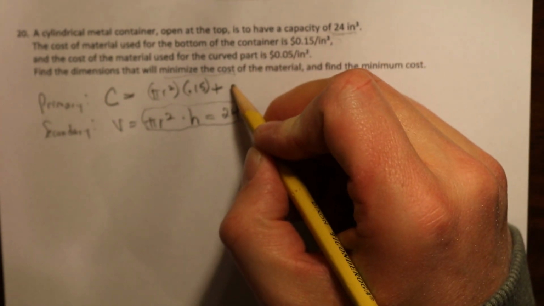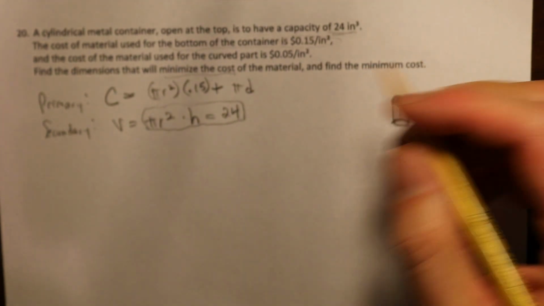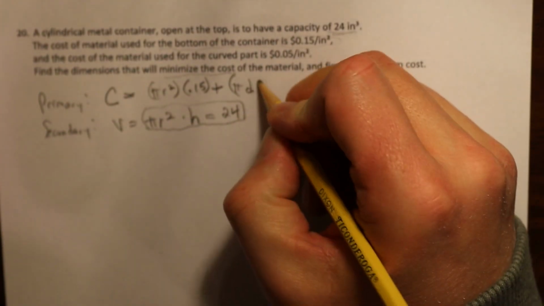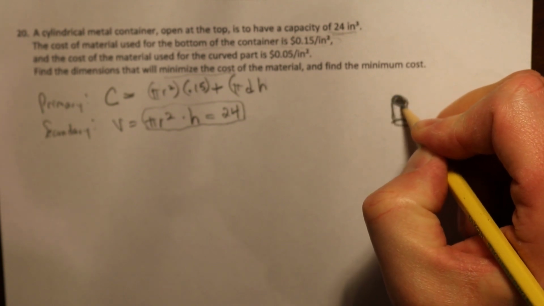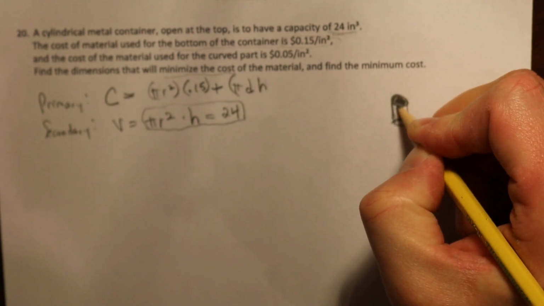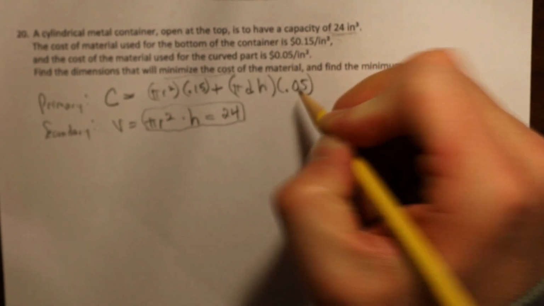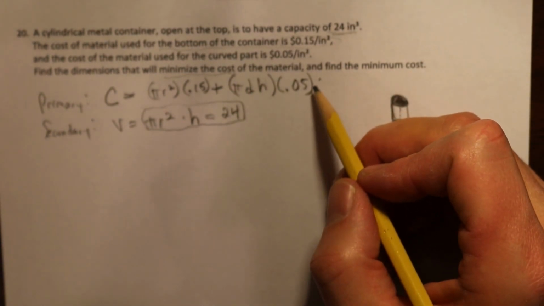And that's pi times diameter. But then you also have to multiply by the height to get the area. So the rectangle's area is the circumference of the circle times the height. And that's going to get multiplied by 0.05. This crazy equation here is what we are trying to minimize.